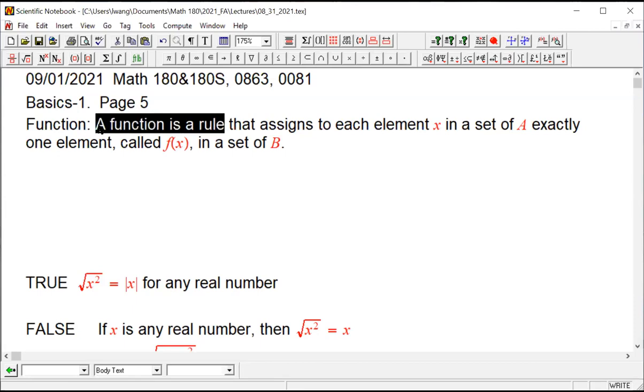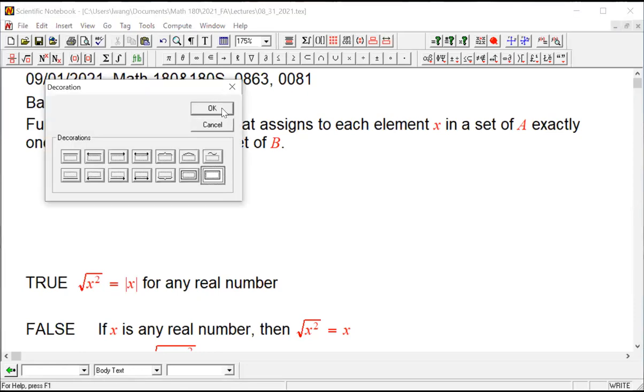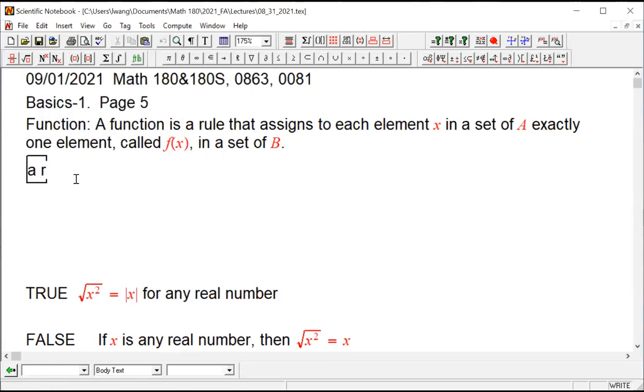This is a key part of this definition. It's a rule. This rule takes an input and produces an output, and the output is called f of x.